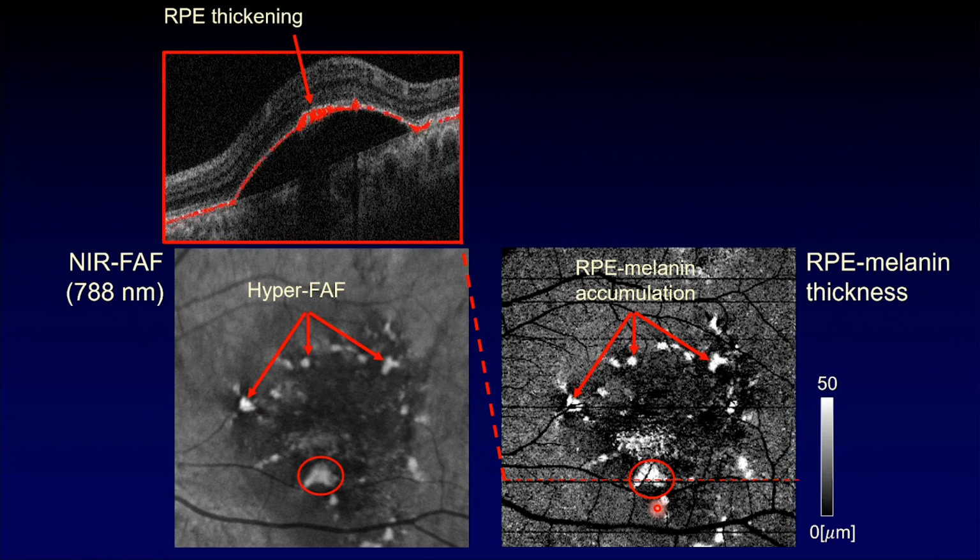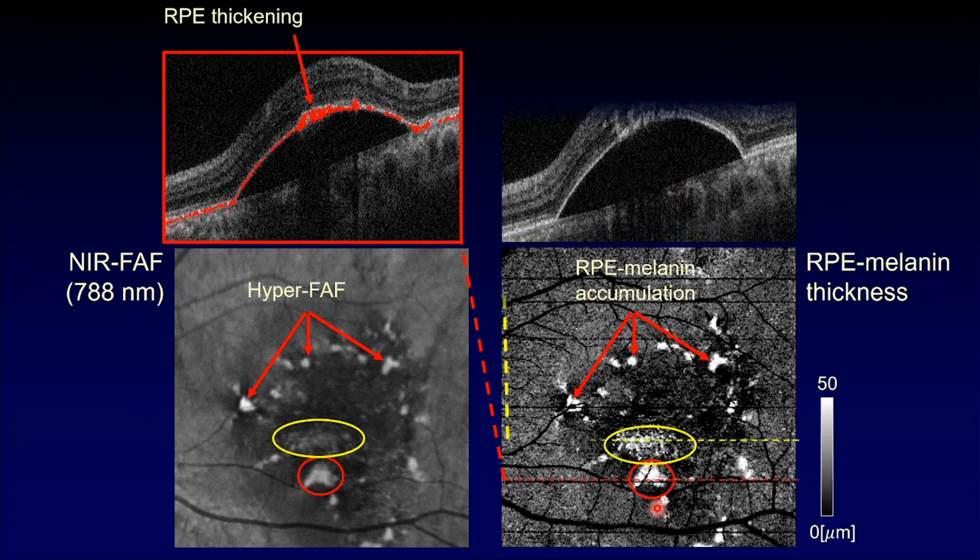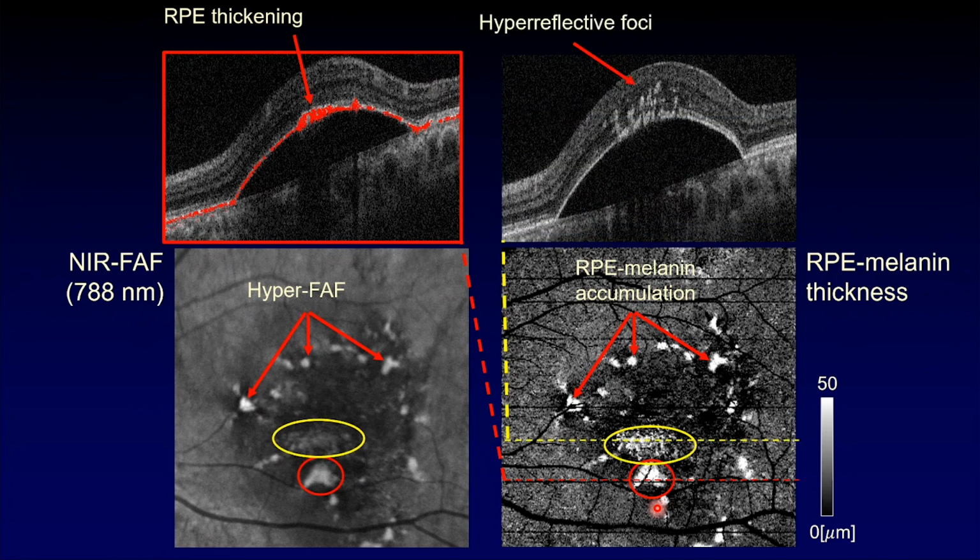And here we see another hyper appearance, this one, hyper-reflective foci. From the FAF, we see several abnormal hyperfluorescence, but by using Jones matrix, we can identify the source of these appearances. So this means this method can be utilized for the three-dimensional version of near-infrared fundus autofluorescence imaging.